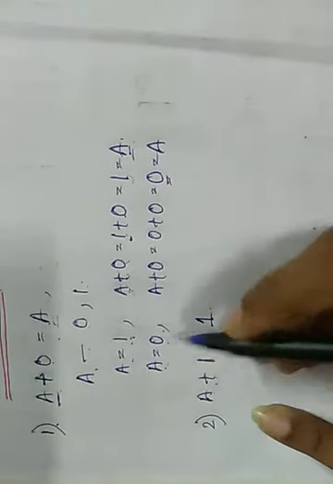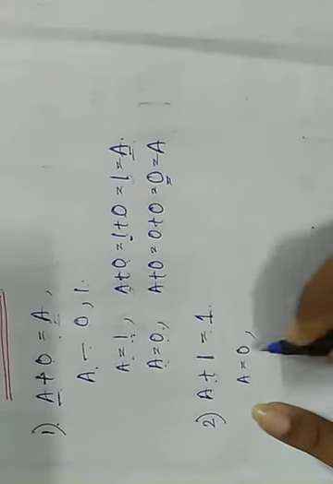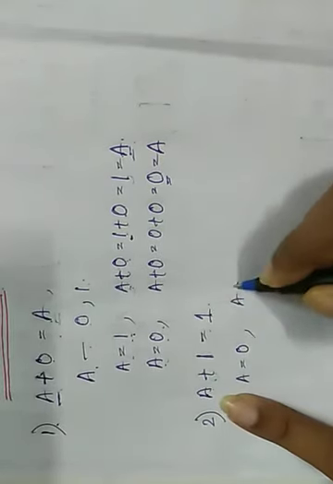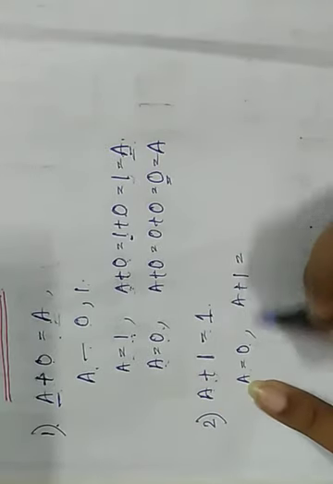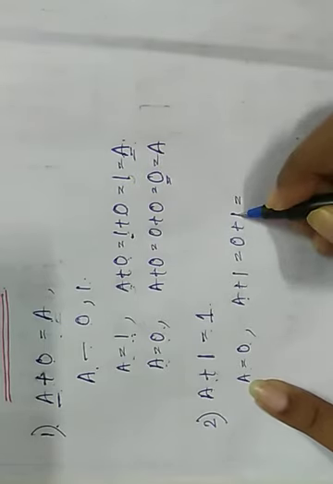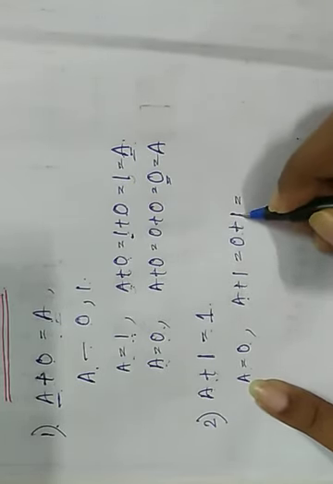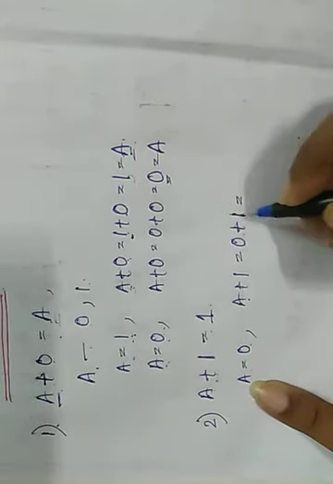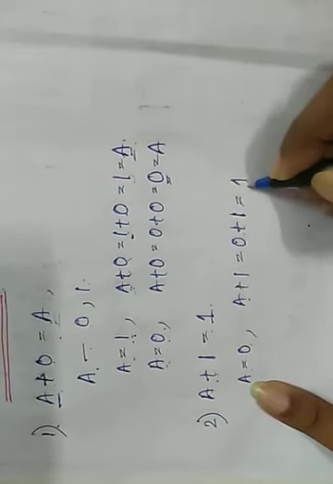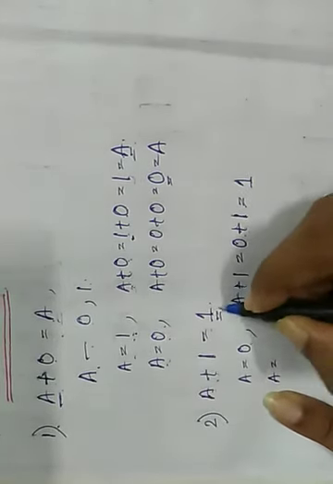Let's take when a is 0. So a plus 1 means, by putting a is 0, 0 plus 1. As the OR operation has a single value 1, the output is 1.